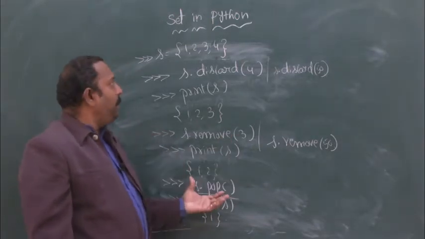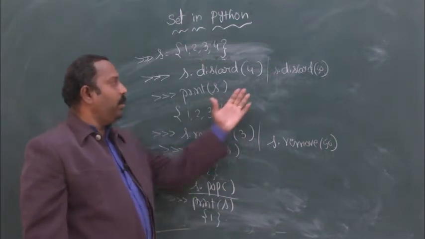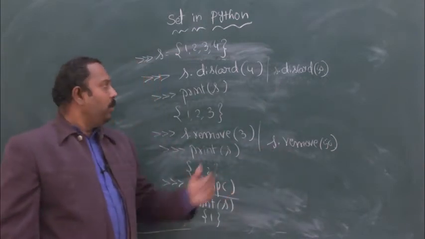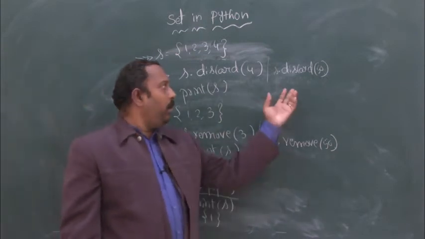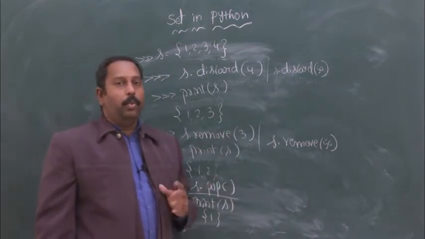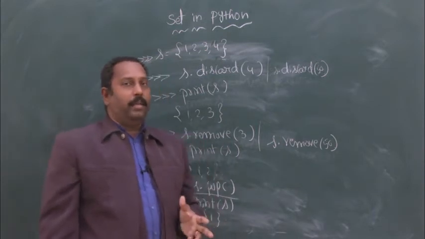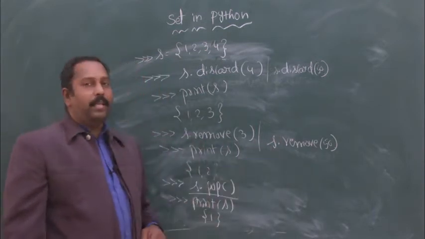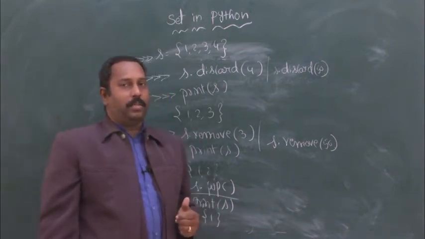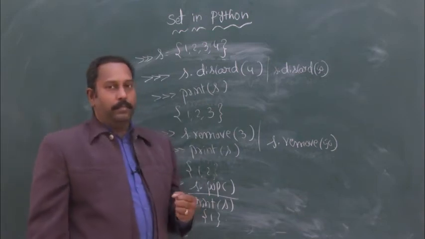So these are the three methods available to remove an item from the set data structure: discard, remove, and pop. Discard removes a particular object, and if the object is not available, you won't get any error. But with the S dot remove method, you will get an error. And pop means it will delete an arbitrary object from the set. So these are the methods available in Python.